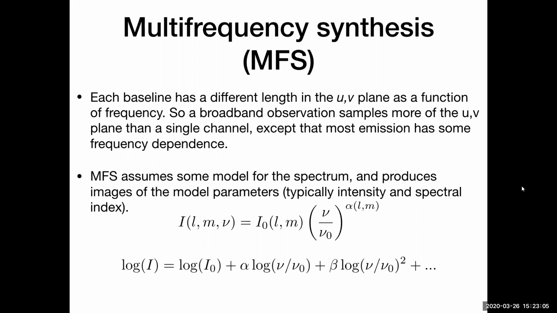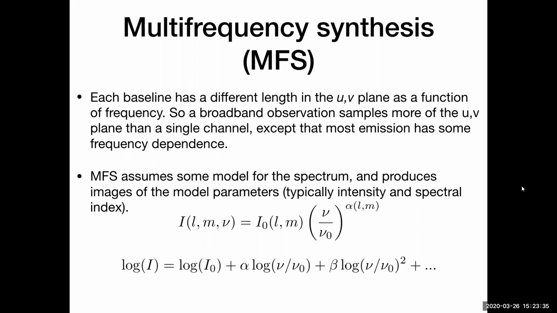And so there is a trick that gets around this, and this is the multi-frequency synthesis method, which assumes some kind of model for the shape of the spectrum, with some model parameters. And it can go through the imaging process where the output is not directly the intensity, but it outputs images of the model parameters.